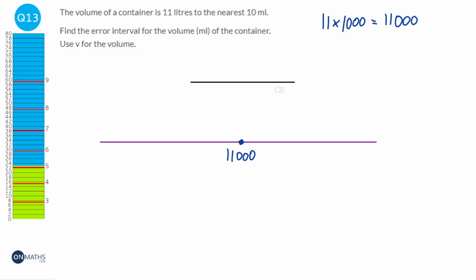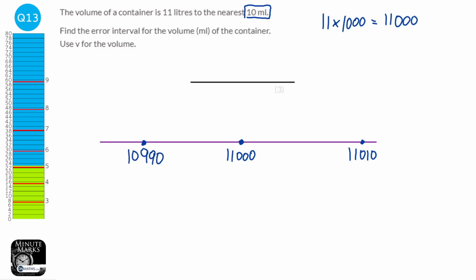Now, what would be the next one up if we're looking at to the nearest 10 mil? So we're going to add 10 mil on, which will be 11,010. And we're going to take the 10 mil away. So 11,000 take away 10 mil will be, what is it? 990.